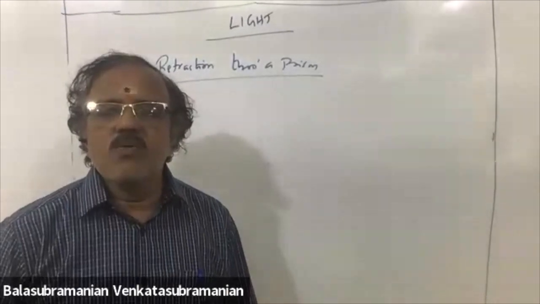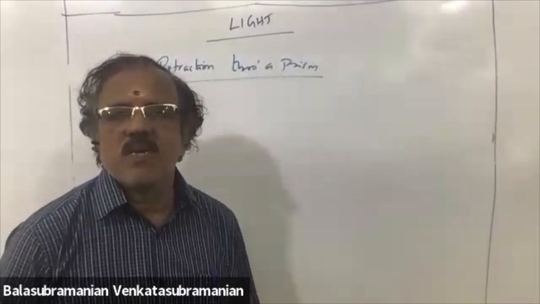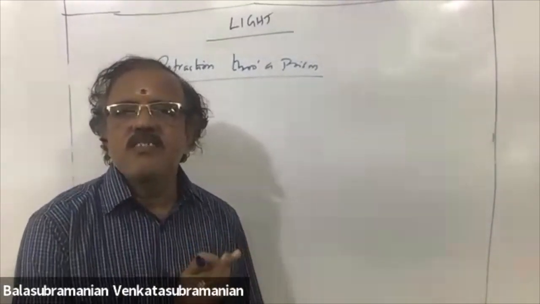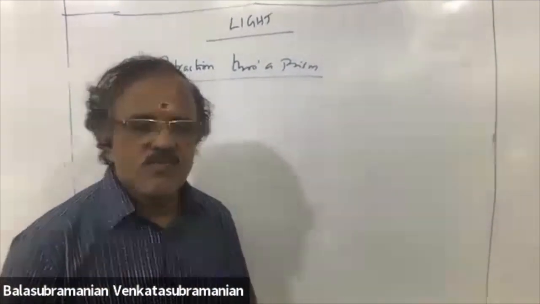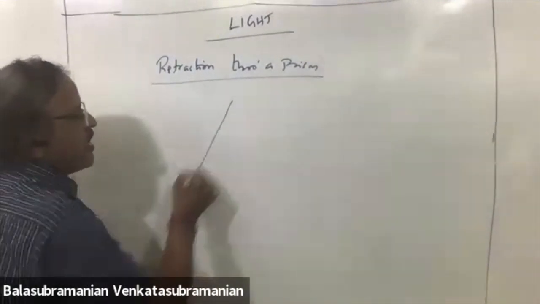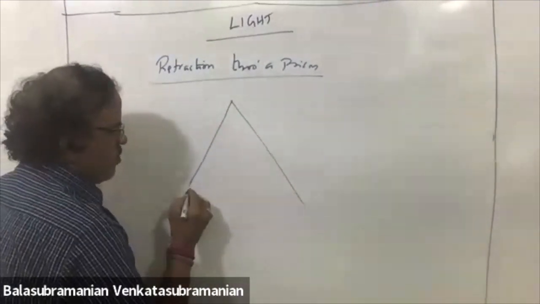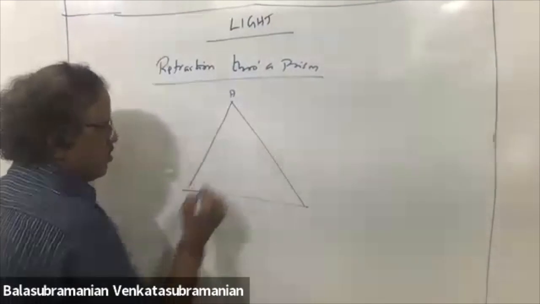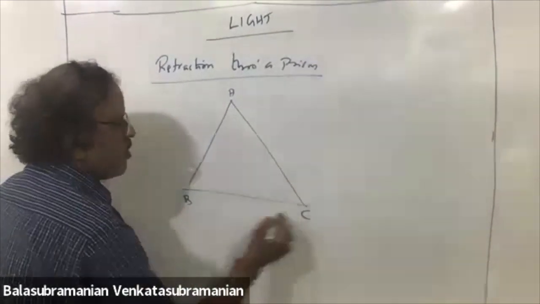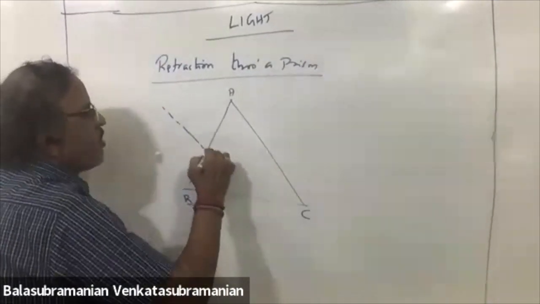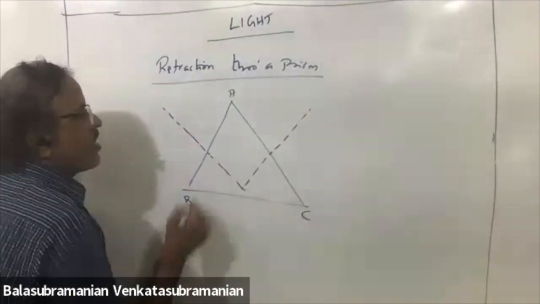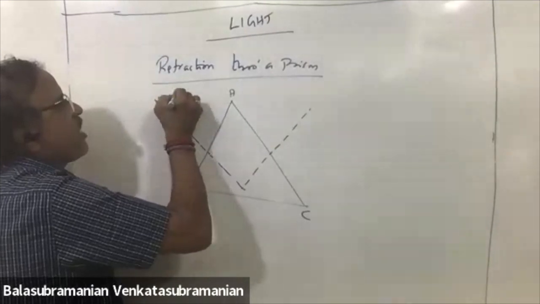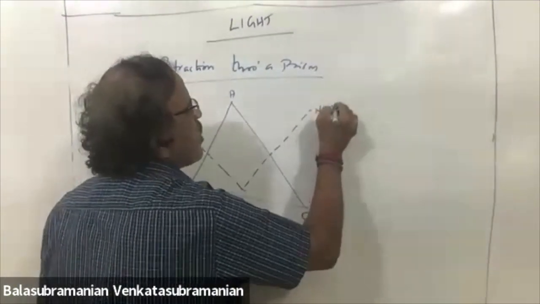We are going to confine ourselves to definitions only: incident ray, refracted ray, emergent ray, and the final formula. Sir, this is a prism, ABC. This is the normal. Extend the normal, extend the normal. Both the sides we have normal. Normal means perpendicular.